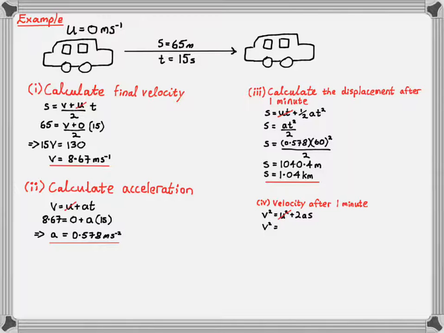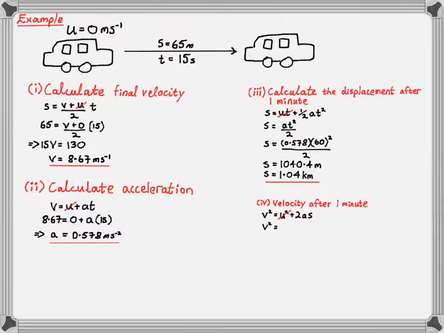Now, when I'm trying to decide what my value for u is going to be, that's going to depend on what point in the journey I consider my starting point. Okay, so I can consider this my starting point, or I could consider this point over here my starting point, and I could use a velocity of 8.67 meters per second, which I found as the final velocity earlier, right?